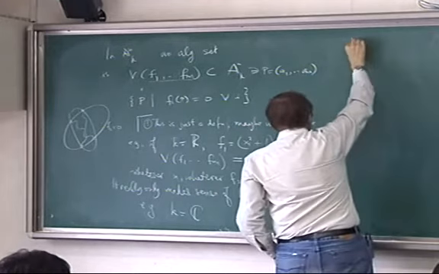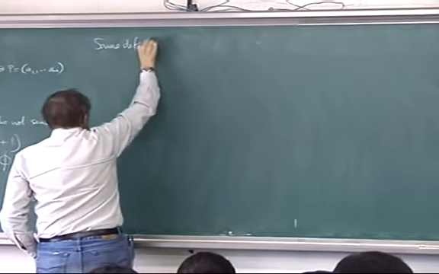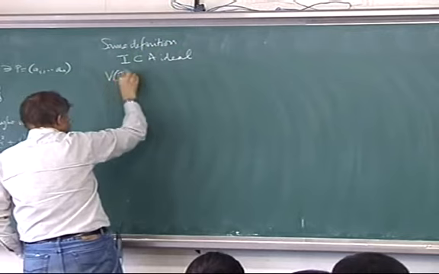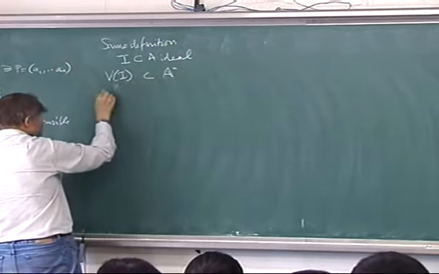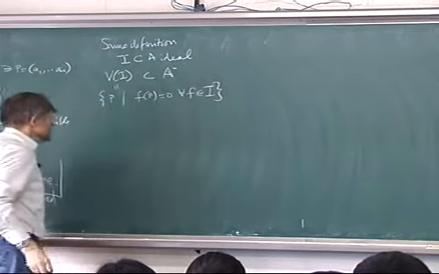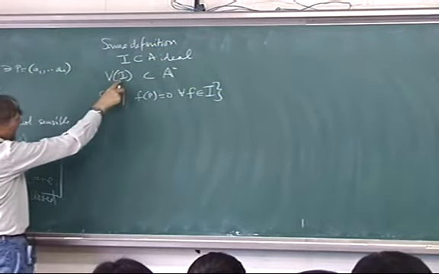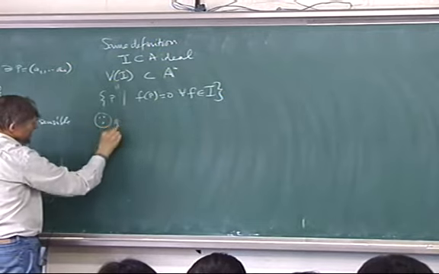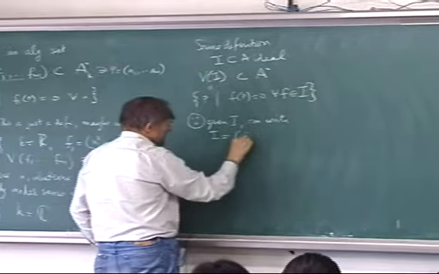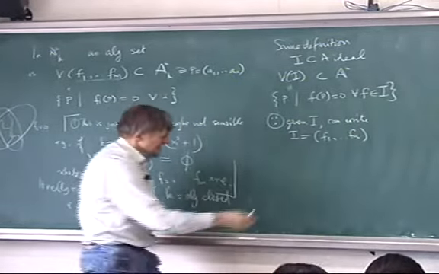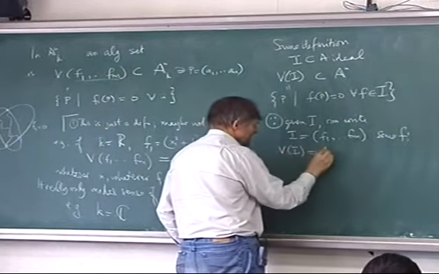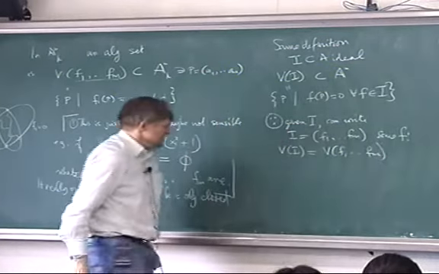Okay, so the same definition. If I in A is an ideal, I can write down V(I) in A^n, and I can define this to be the set of points P such that f(P) = 0 for all f in I. So these two definitions are exactly the same, because given I, I can write I = (f1, ..., fm) for some fi, and then V(I) is just V(f1, ..., fm).